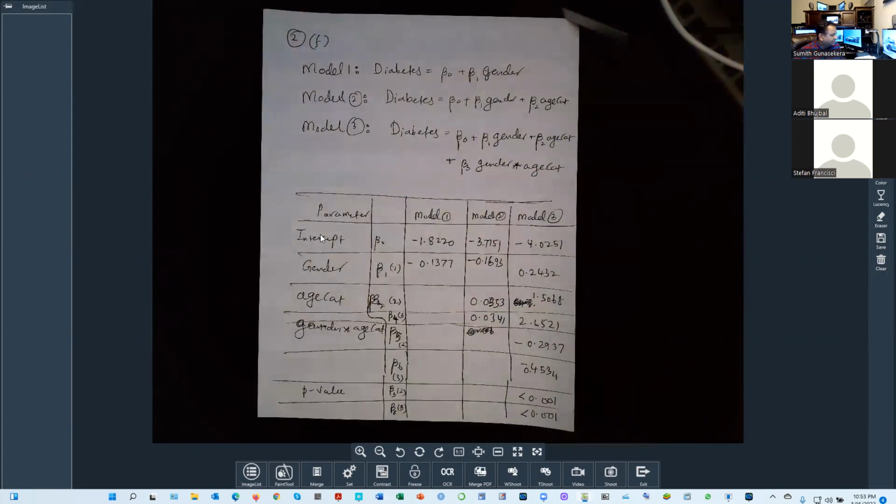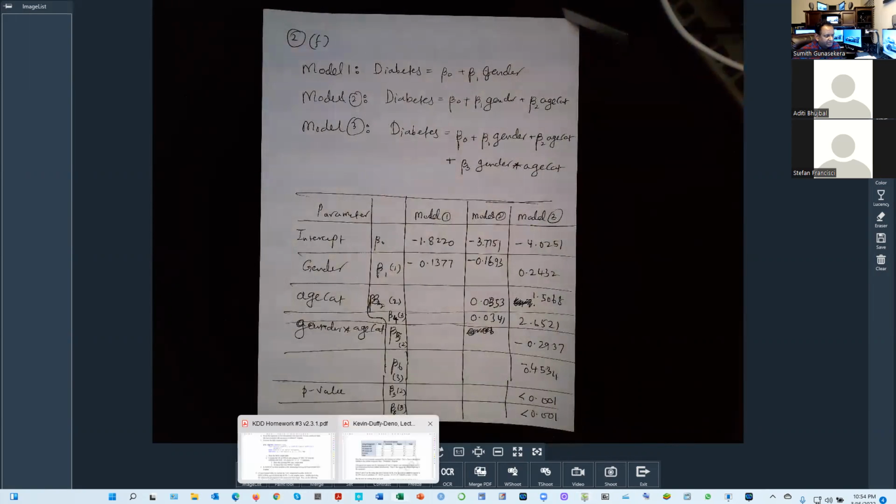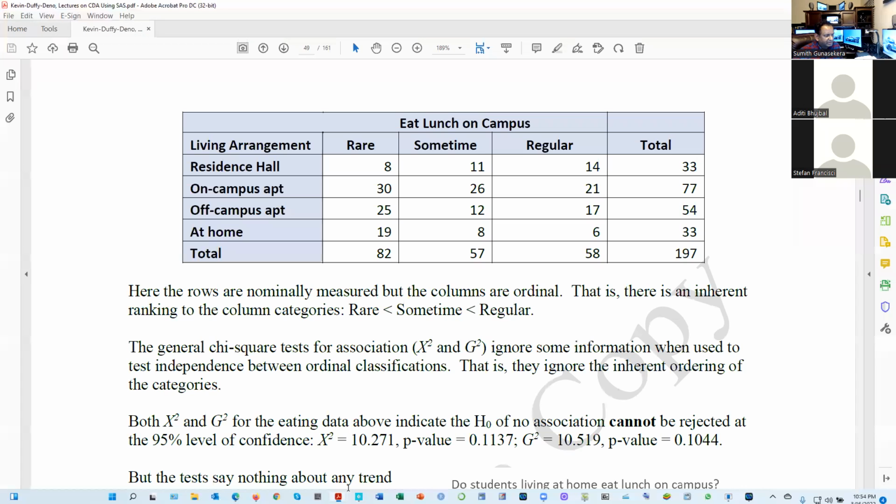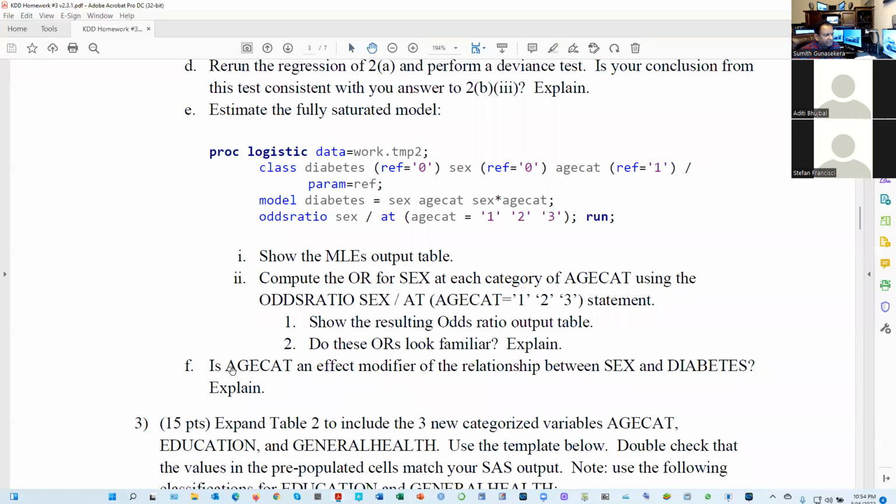Look at how to figure out whether this is going to be an effect modifier or not. Okay, so here: is age cat an effect modifier of the relationship between sex and diabetes? Age cat, we suspect something, no?